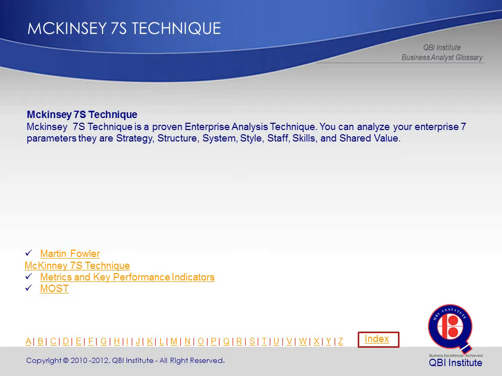McKinsey 7S technique. McKinsey 7S technique is a proven enterprise analysis technique. You can analyze your enterprise on 7 parameters. They are strategy, structure, systems, style, staff, skills and shared values.